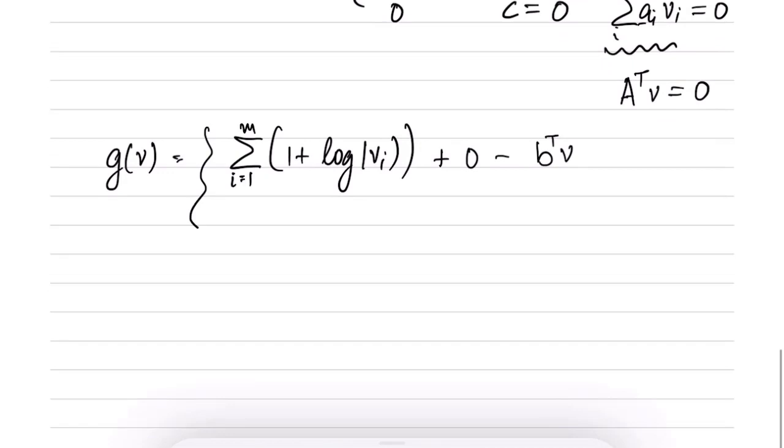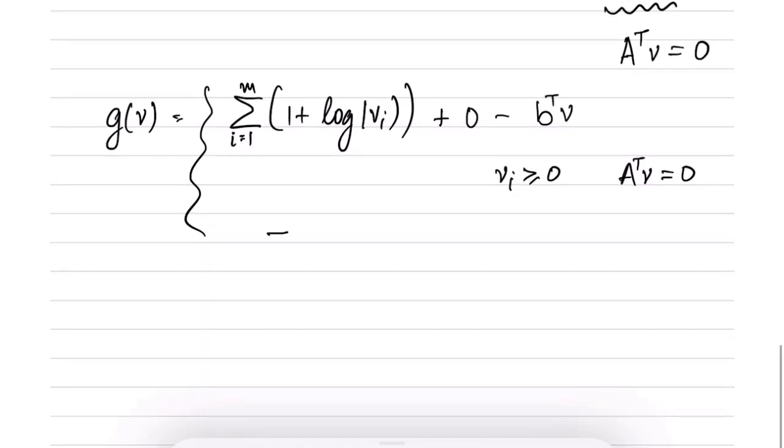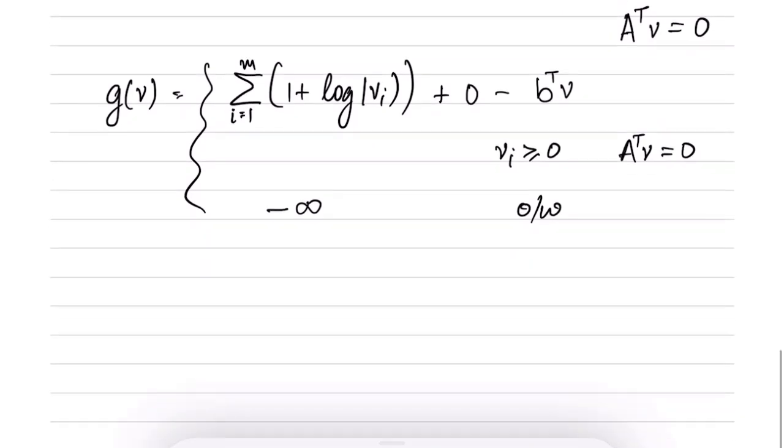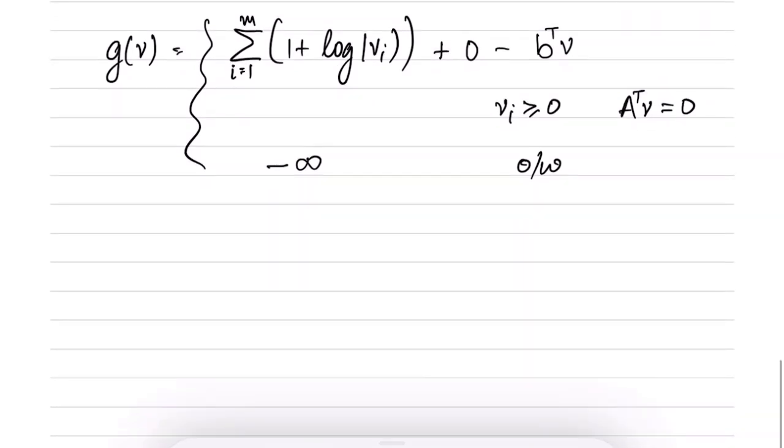So we have G nu equal to this if nu satisfies certain properties. First of all, we require nu_i to be greater than or equal to 0 for all i, and second, we require A transpose nu to be equal to 0. Under these two conditions, this is the dual function, and it would be minus infinity otherwise. So if any of these two conditions are not satisfied, G nu would be minus infinity. So this is the dual function.